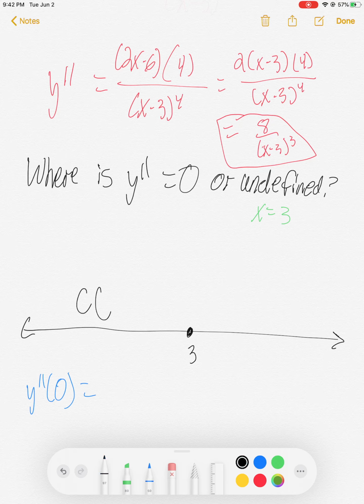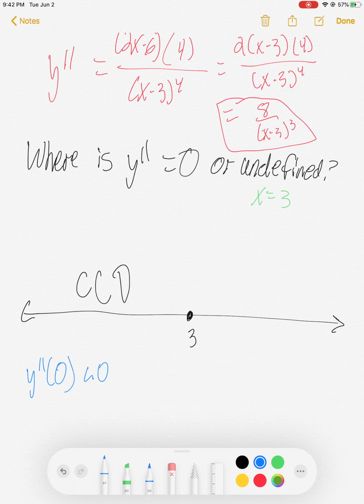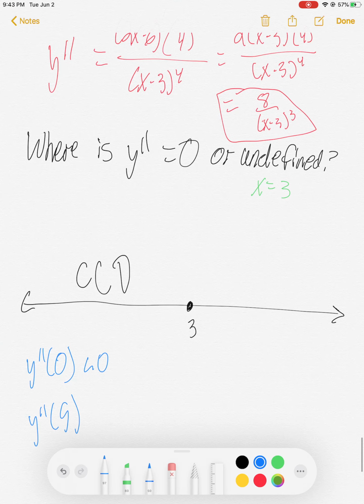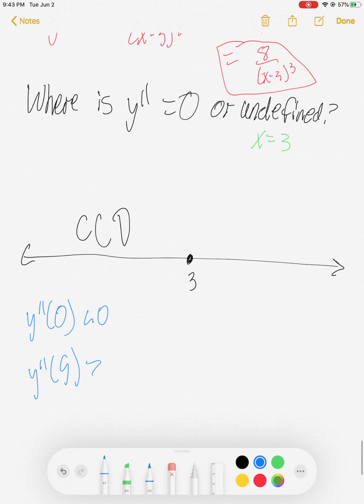Let me see, so just like before, let me do y double prime of 0. If I do y double prime of 0, well then my denominator is going to be negative, my numerator is positive. So concave down to the left, because y double prime of 0, which is to the left of 3, is less than 0.